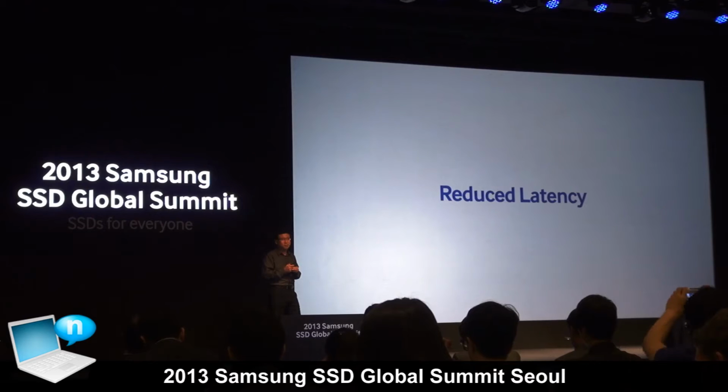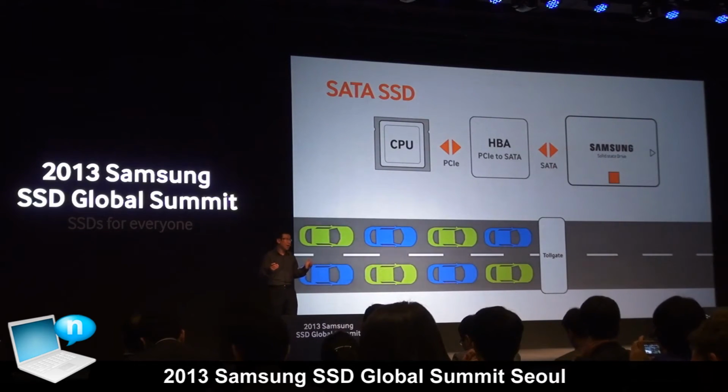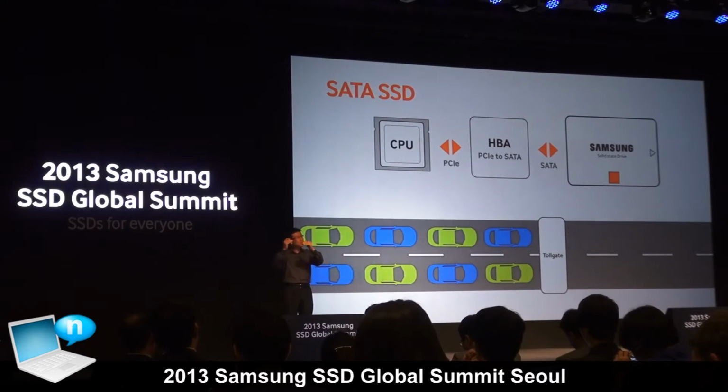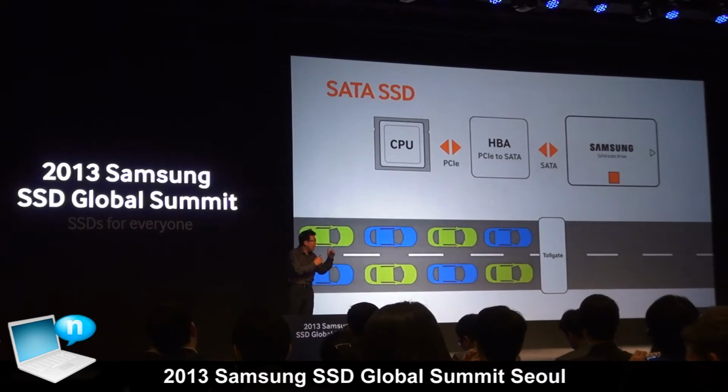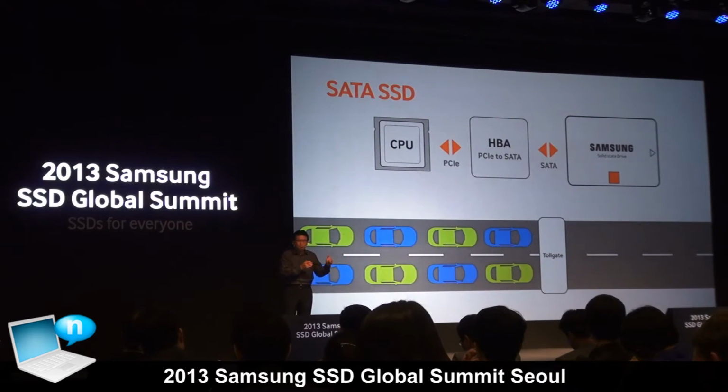Reduced latency. For PCIe to be able to communicate with SATA SSD, there has to be some sort of adapter. In technical terms, HBA, the host bus adapter. This adapter is responsible for translating PCI protocol into SATA interface protocol. One of the key reasons we had these bridges or this adapter before is that we used to have different local high-speed buses, such as VESA, ISA, EISA, or MCA.